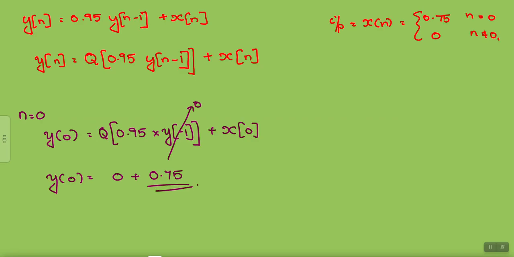Since we have only 5 bits to represent the product, for 0.75 into 2, that's equal to 1.5.